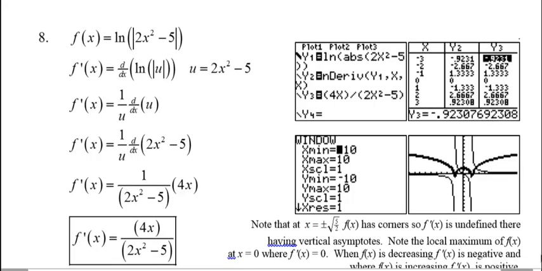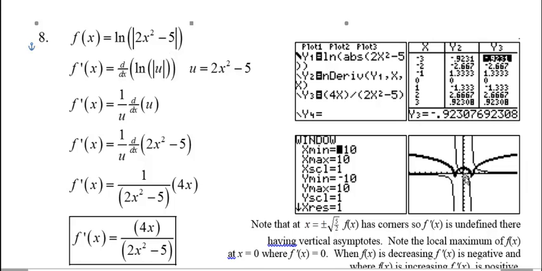Because of the absolute value, we don't have to put a restriction on this. Of course, when 2x squared minus 5 is 0, that is when x is plus or minus the square root of 5 halves, then the derivative is undefined. The original is also undefined there.